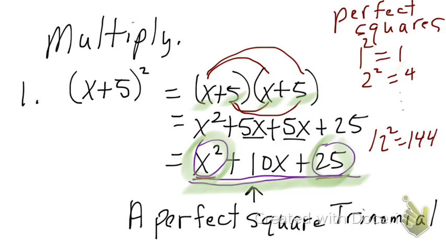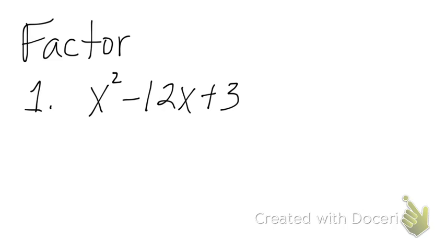So let's go ahead and do a few problems, and we'll use the pattern that we're seeing here. When I see the x squared and the 36 here, I can see that this is probably a perfect square trinomial. First we ask ourselves, what is equal to x squared?